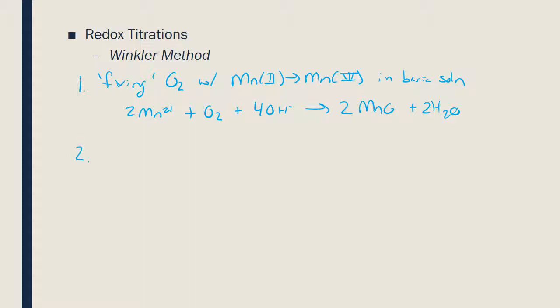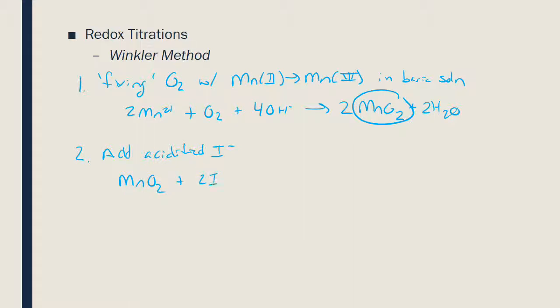So once we fix the oxygen, we want to add what's called acidified iodine. So we fixed our oxygen in the manganese dioxide. All right, so we are going to go through and we're going to take that manganese dioxide.